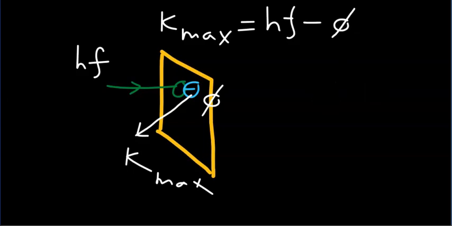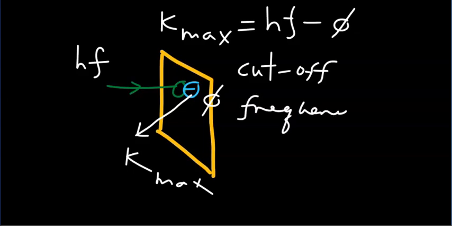We see that in order for this to happen, the frequency of this light must be greater than some minimum value, known as the threshold frequency or cutoff frequency. And this cutoff frequency is dictated by the material that is being illuminated, because each material has its own work function.